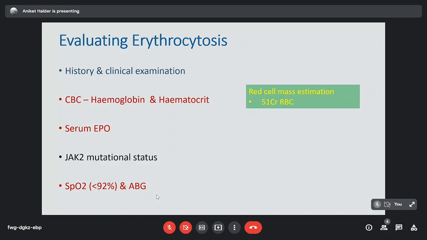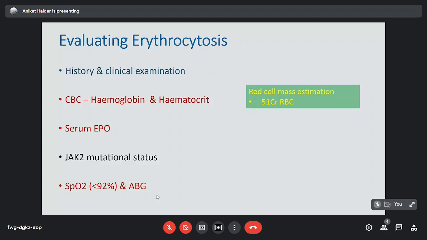The secondary erythrocytosis, we can again differentiate into a physiologically appropriate or an inappropriate erythrocytosis by measuring the SpO2 levels. So, if the SpO2 levels are persistently less than 92%, it indicates that the secondary erythrocytosis is due to a chronic hypoxemic state, whereas increased SpO2 levels more than 95% usually indicates that there is a physiologically inappropriate response and there is some underlying condition which is causing this increased erythropoietin in absence of hypoxia.